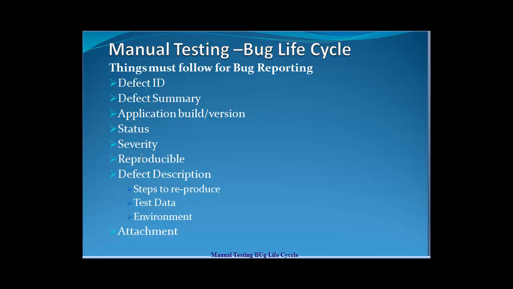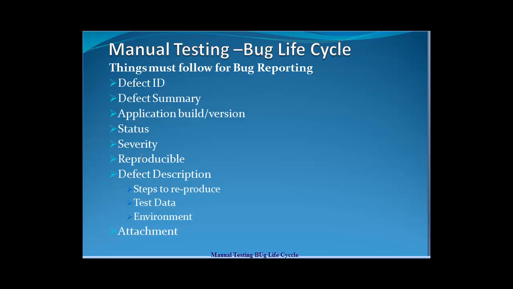Once the test engineer reports the defect and submits or logs the defect, that defect tracking tool automatically generates a unique defect ID, which a test engineer can report to the developer, so that the developer can open that defect through that unique defect ID number in the defect tracking tool.